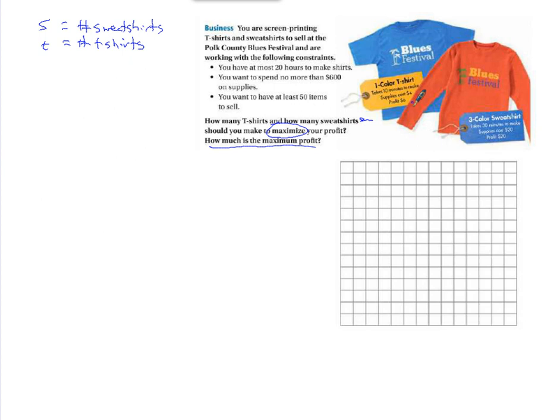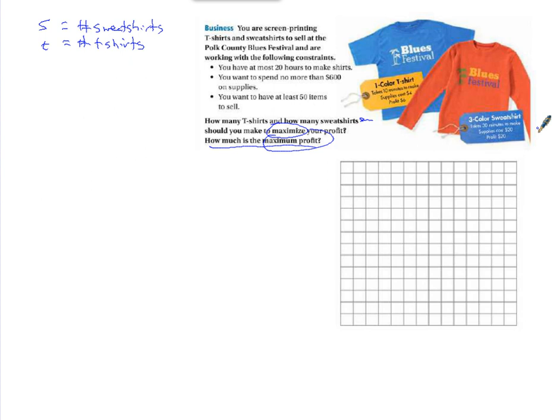All that information is going to be necessary to make our system of inequalities, our constraints, and also to make our objective function. The objective function is going to ask us to maximize profit. So we want our objective function to be dealing with profit. Okay? So that's where we're going to come up with the profit, is from that little line right there. What about the three-color sweatshirt? What does that say?